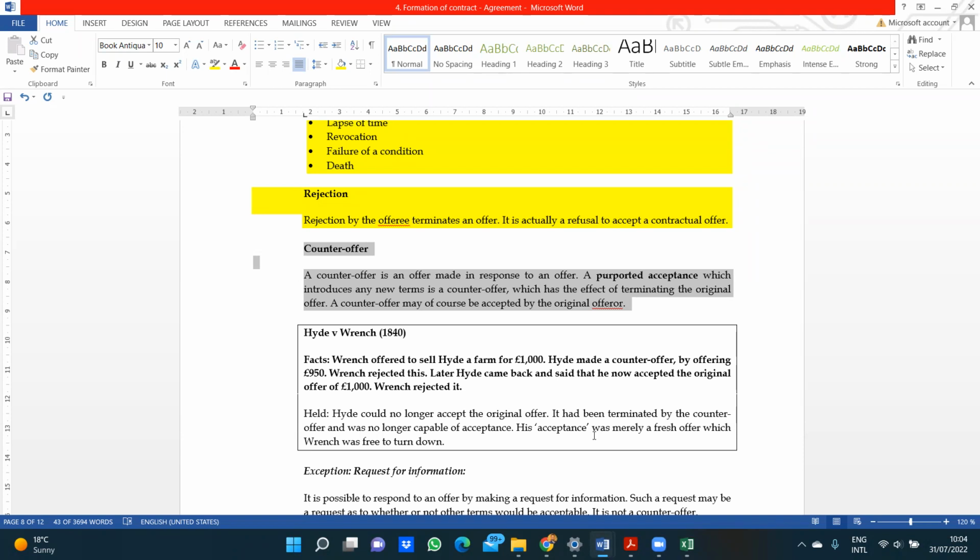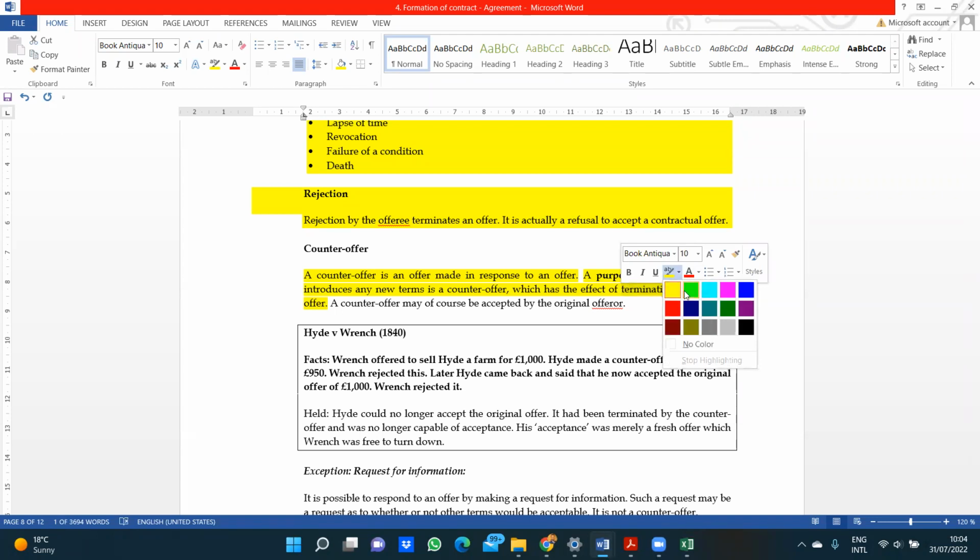A purported acceptance which introduces new terms is a counter offer, which has the effect of terminating the original offer. This is very important. It terminates the original offer, and a new offer is submitted in response by the counterparty.